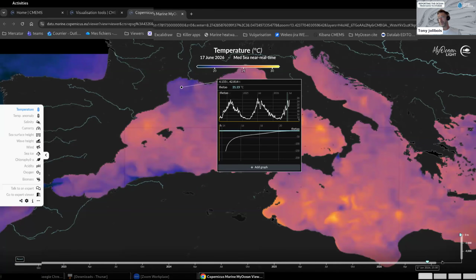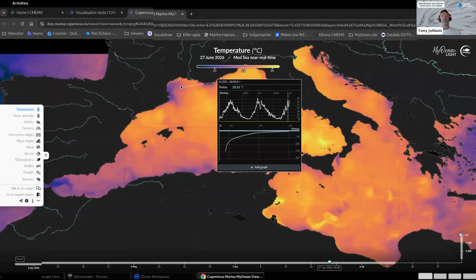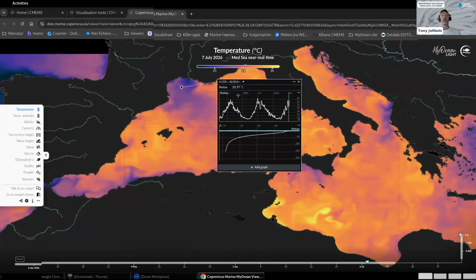So you can zoom on the timeline using your mouse wheel to be able to select the time step you want. So you have here the value of the temperature at this point, maybe today. Okay, so 21 degrees.